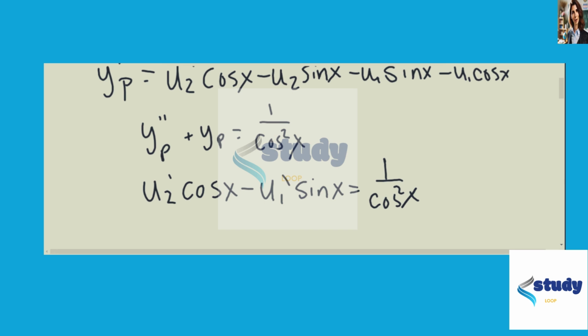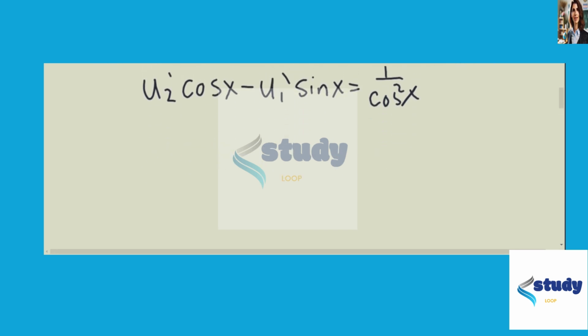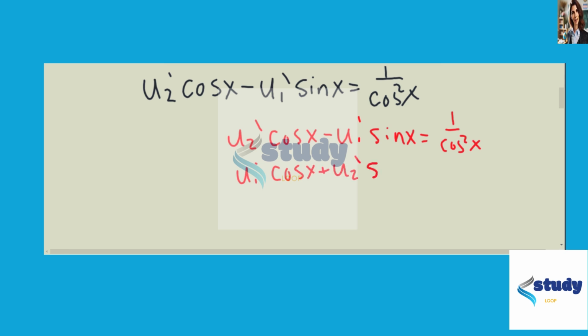So now we have a system of equations we can solve. We have u2 prime cosine of x minus u1 prime sine of x is equal to 1 over cosine squared. We also have u1 prime cosine of x plus u2 prime sine of x equals 0.